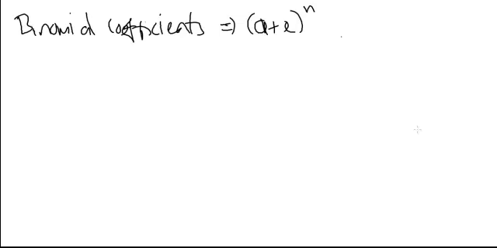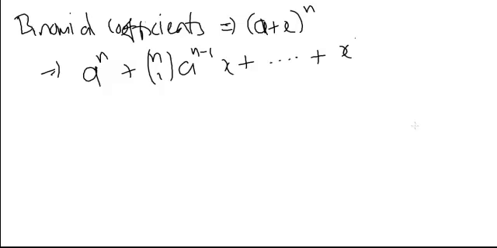Essentially, that follows a pattern. So the general rule is you have a to the n plus n choose 1 a to the n minus 1 x plus dot dot dot plus x to the power of n.